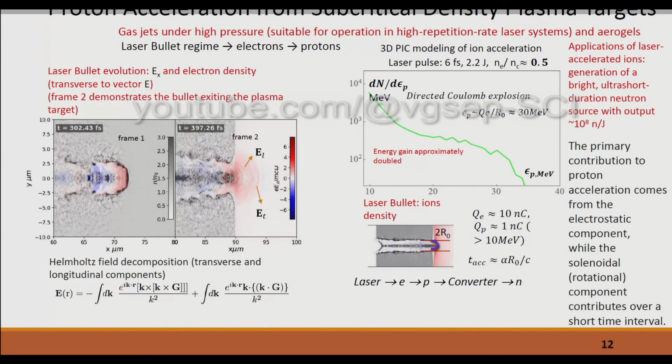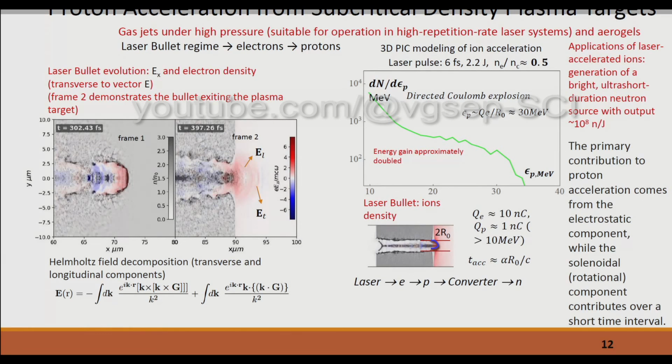They may be related to direct Coulomb explosion. Also, they may be related to the electrical solenoidal field. So in order to analyze this problem, we performed a Helmholtz decomposition of the field, and we have seen that the primary contribution to proton acceleration comes from the electrostatic component.